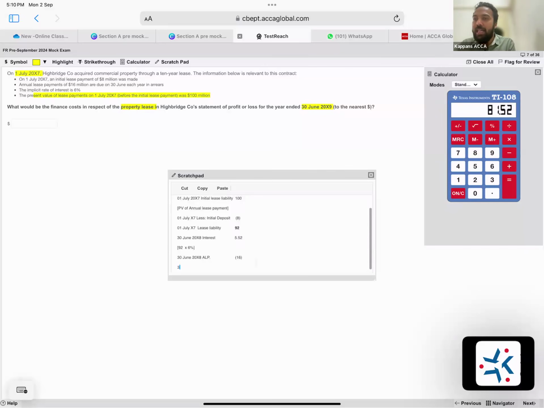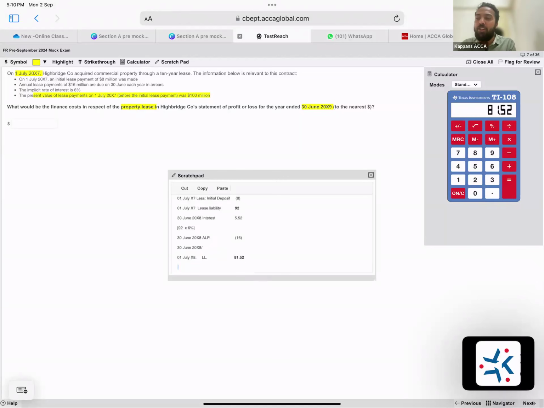So that is the lease liability on 30 June 20X8, or we can say on 1st July X8 if you're thinking from the opening point of view. So I'm just writing LL, lease liability, 81.52.